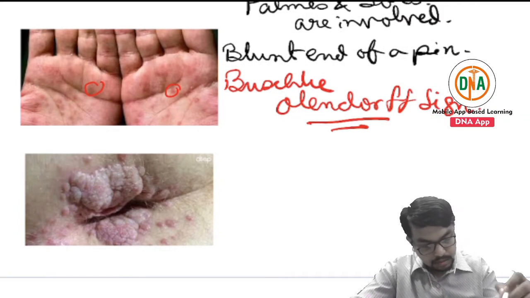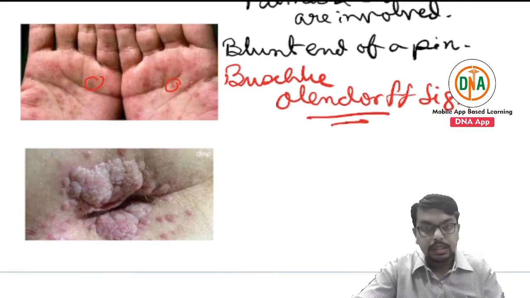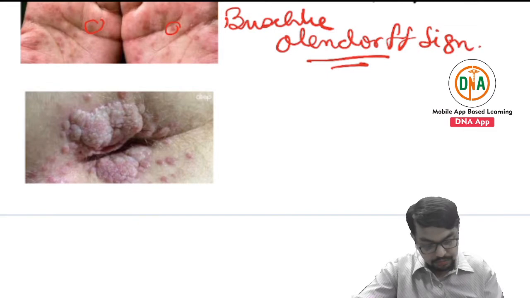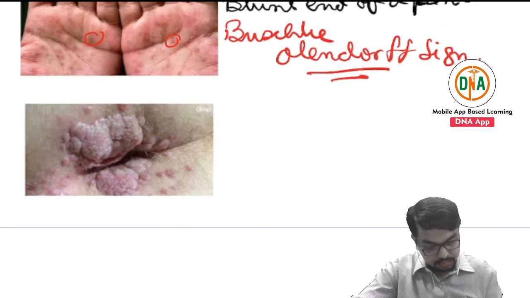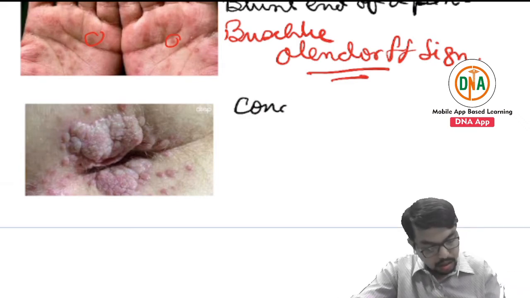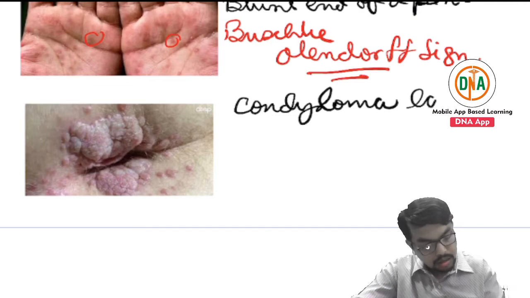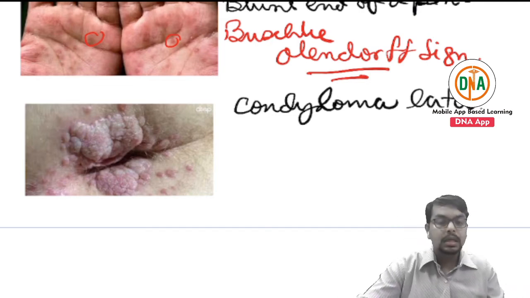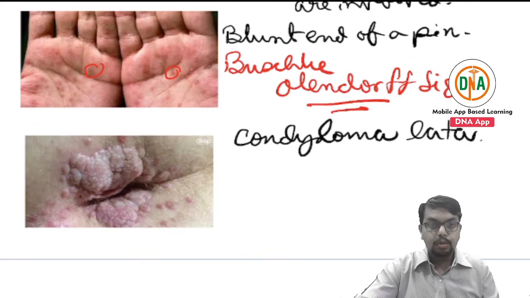Next, the lesion over the genitalia in secondary syphilis is condyloma lata. See the difference between condyloma lata and condyloma acuminata.